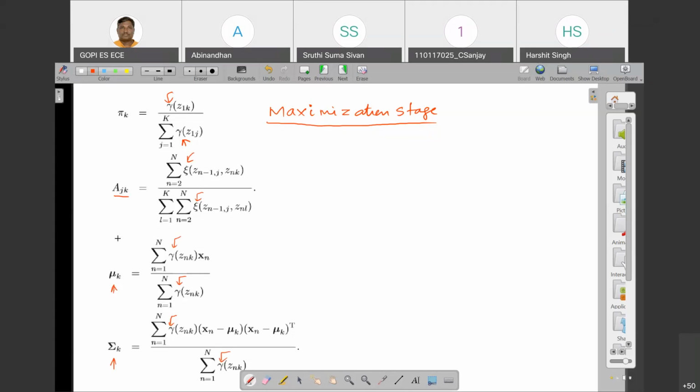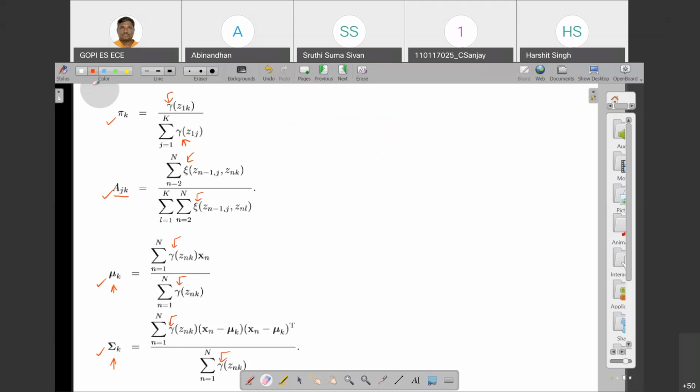But what is more interesting here is that computing this gamma and zeta needs the model. Because after all, what is gamma? Gamma is basically the probability of Z_1k equal to 1 given x. To do this computation, we need the model, which demands your pi k, A_jk, mu k, and sigma k. And that's why we have two stages in it.